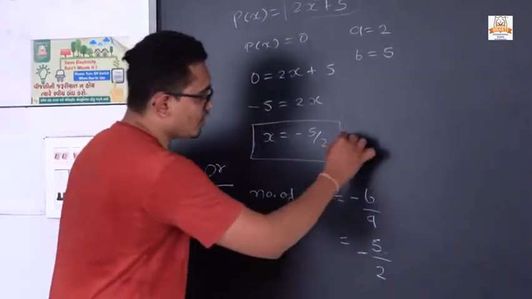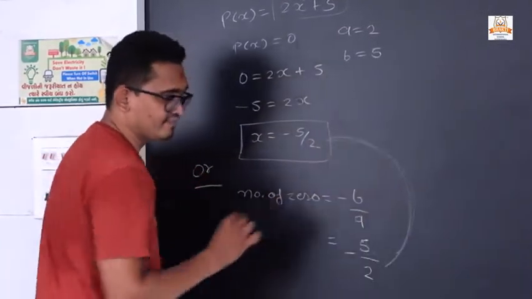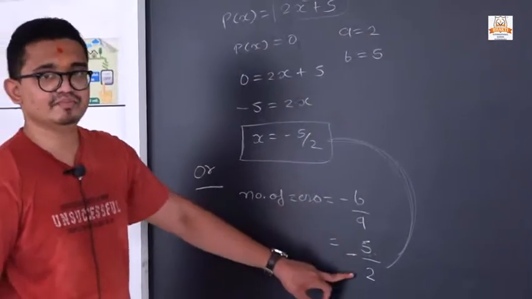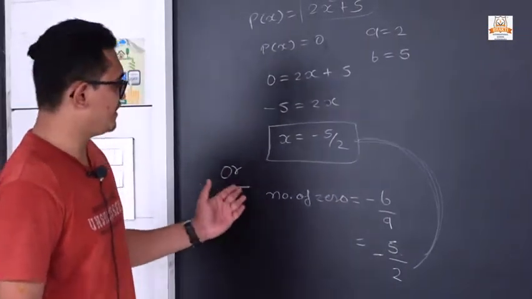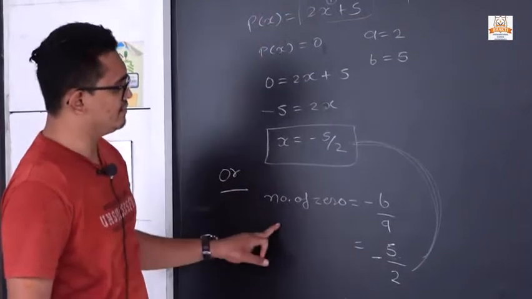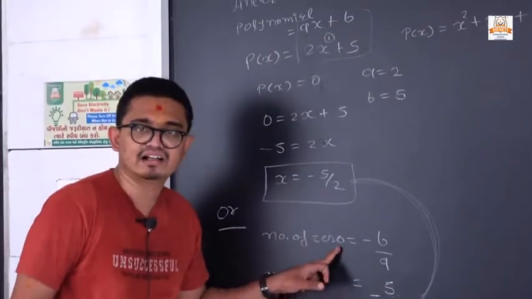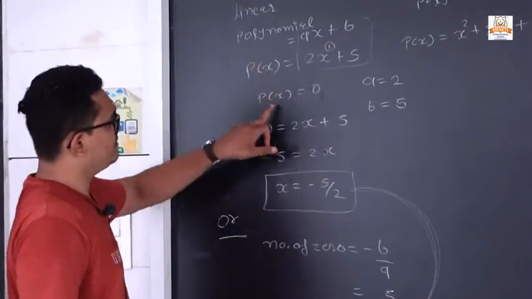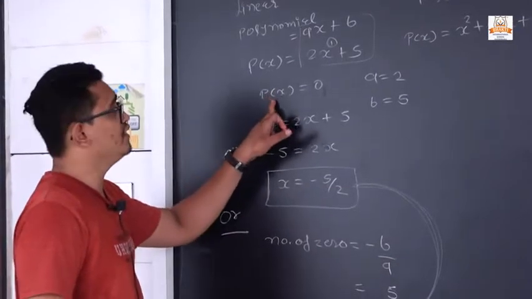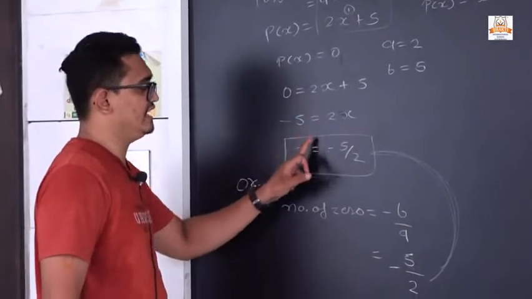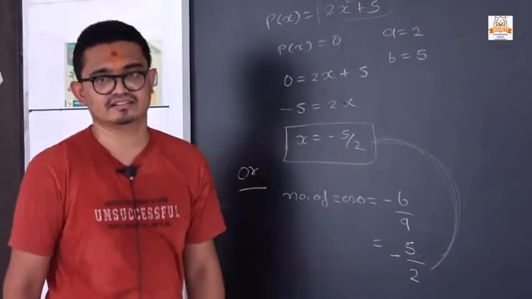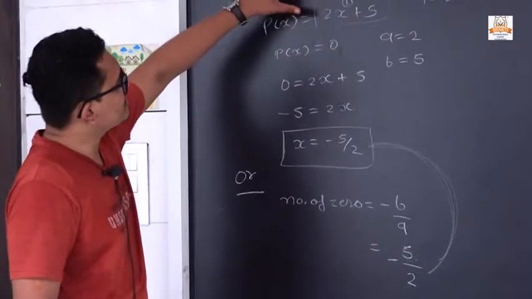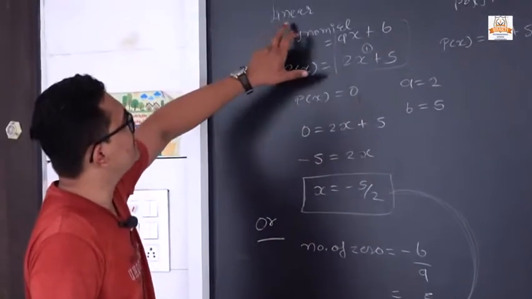So see that both answers are the same. Clear? It is the same. So either you can find the zeros of a linear polynomial by using the formula, or you have the other method: first of all we put p of x equal to 0 and then we find the answer. So this is the portion where we discussed the linear polynomial.